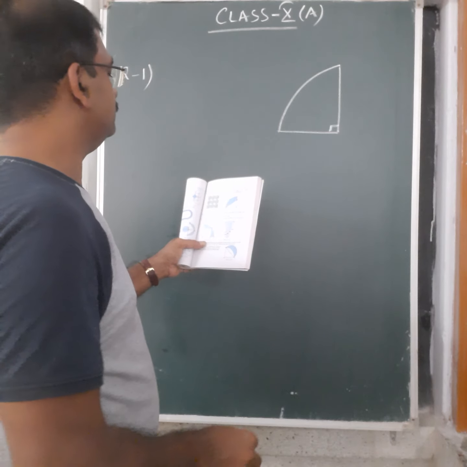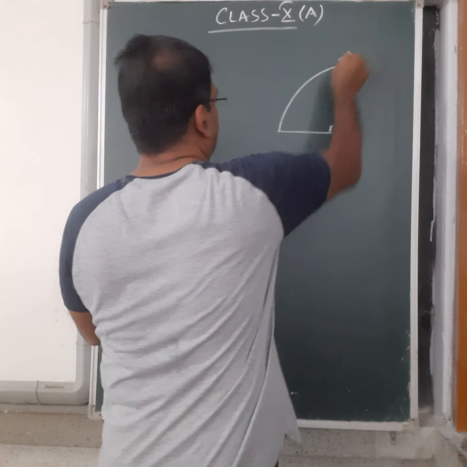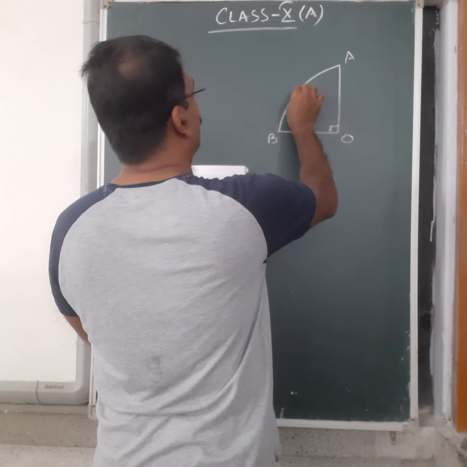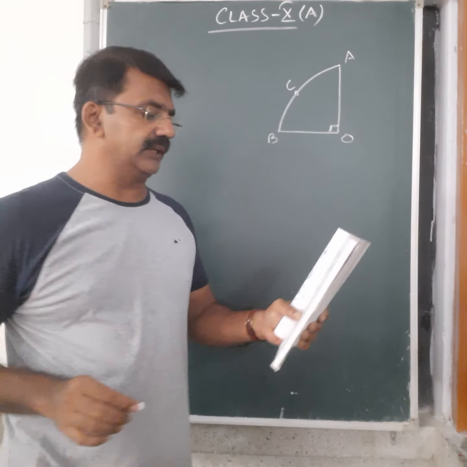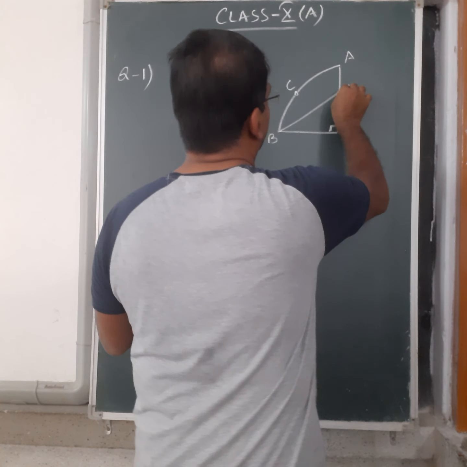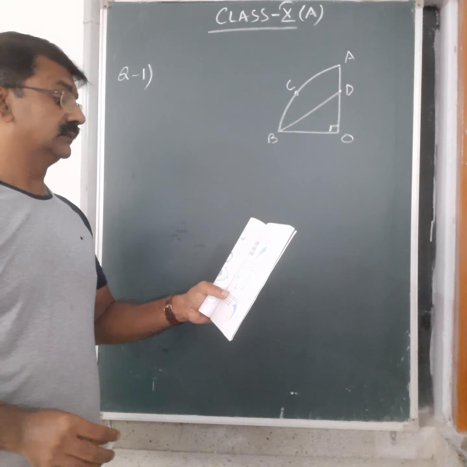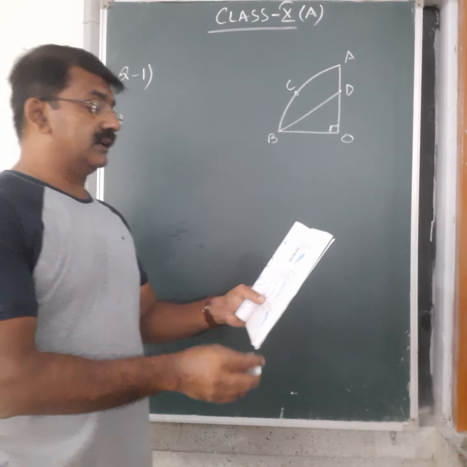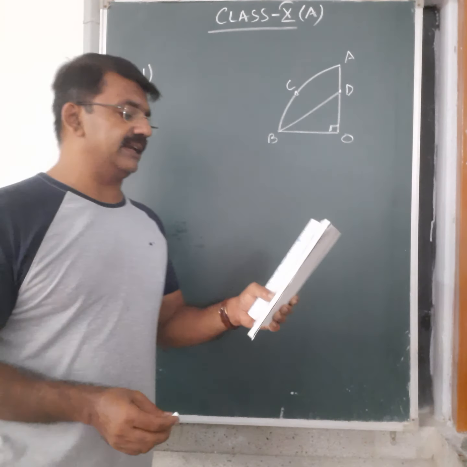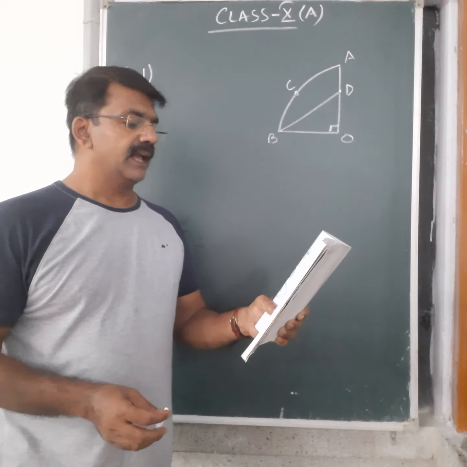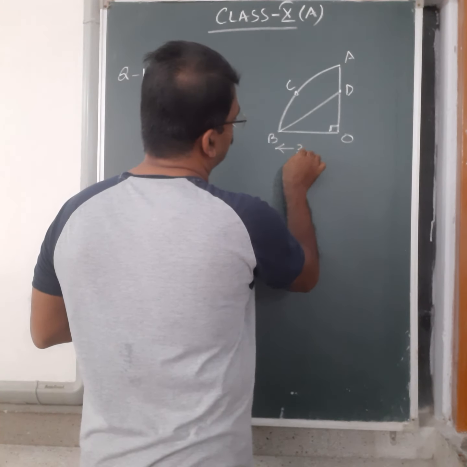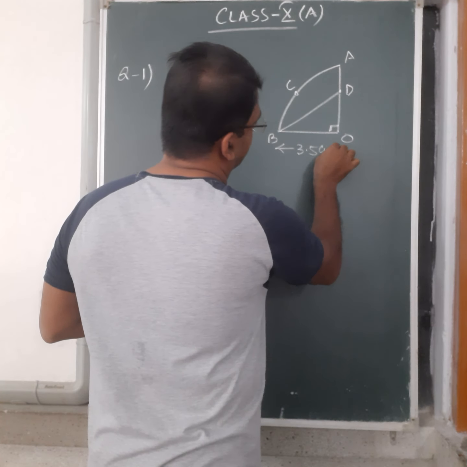This point is A, this is B, this is O. There is a point on the circumference that is C, and there is a straight line BD like this. Now OACB is a quadrant of a circle, and the radius is given 3.5 centimeters.